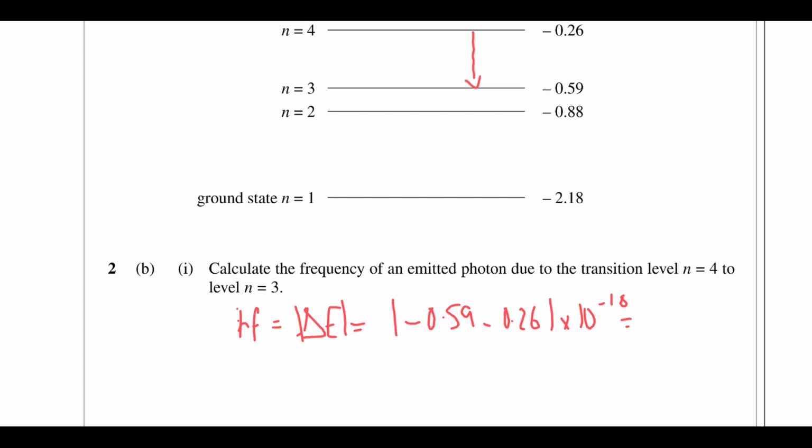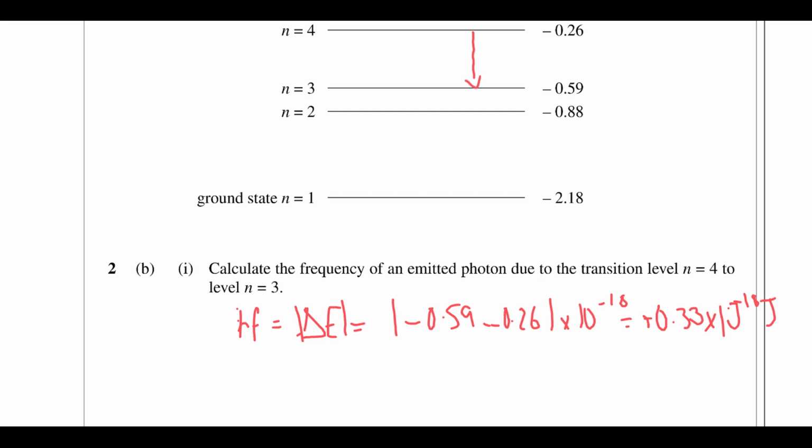And I've been a spanner and left out a second negative sign. Once you take the modulus, that becomes plus 0.33 times 10 to the minus 18 joules.